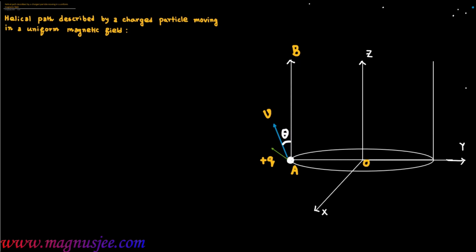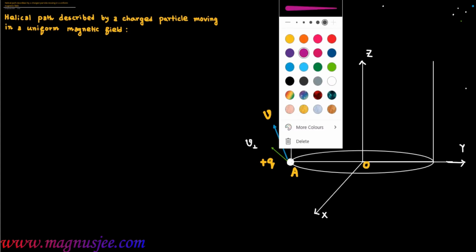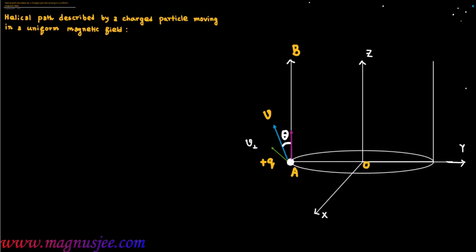The velocity v is resolved into two rectangular components: v perpendicular, which exists in the xy plane, and v parallel, which acts in the direction of the magnetic field.